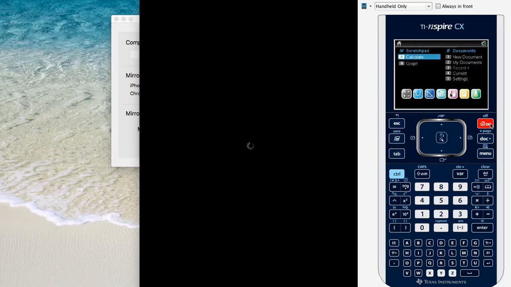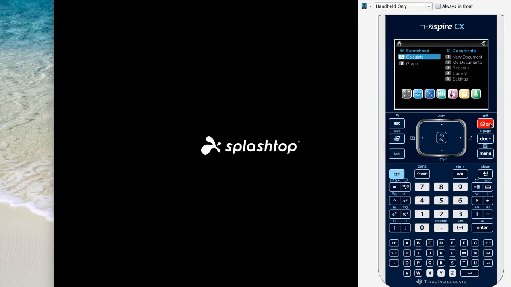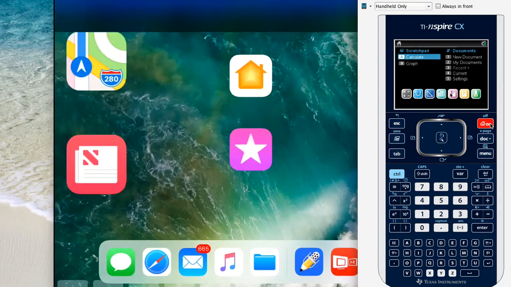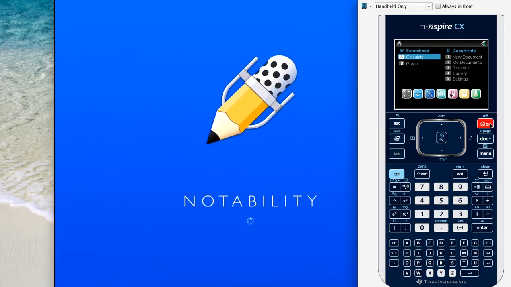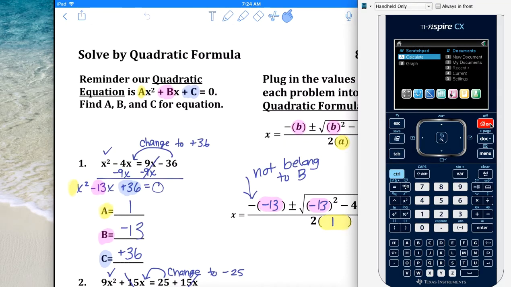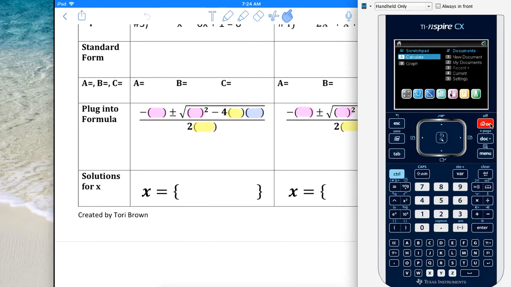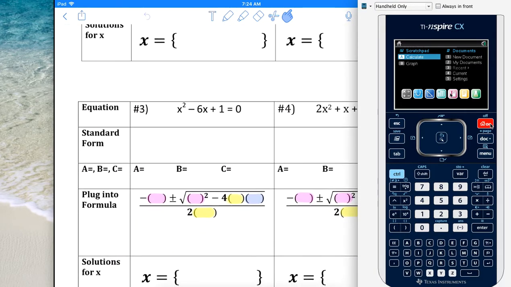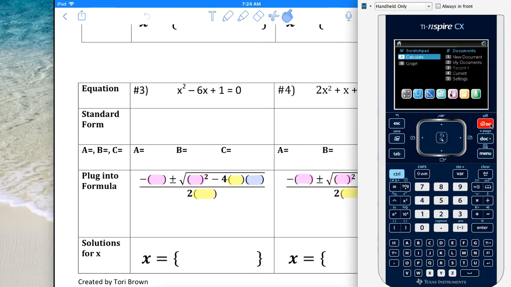Give me just a second, my iPad lost its mind, hold on. All right, give us just a second to get back where we were. Oh no, I didn't write it down. Give me just a second, I'm going to copy these back on here.